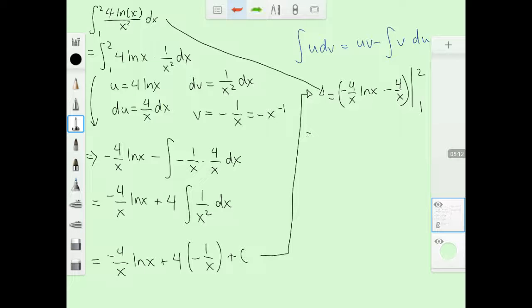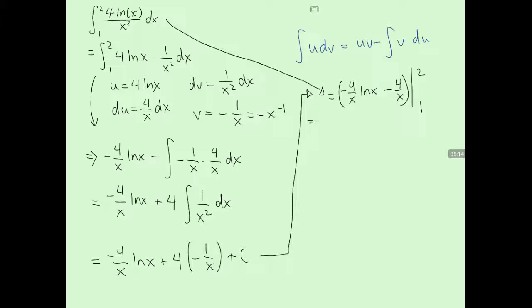If we do that, then we should get negative 4 over 2 ln 2 minus 4 over 2, minus the same thing for 1, so negative 4 over 1 ln 1 minus 4 over 1.